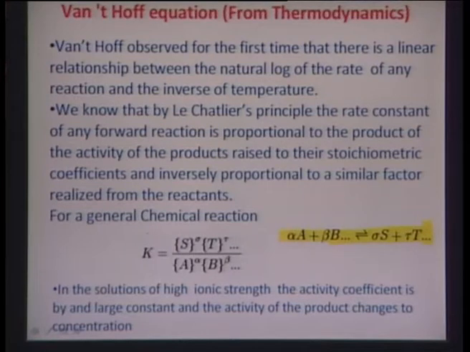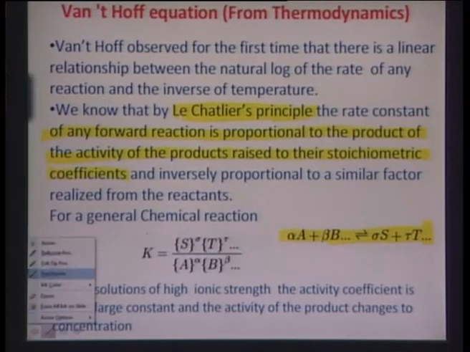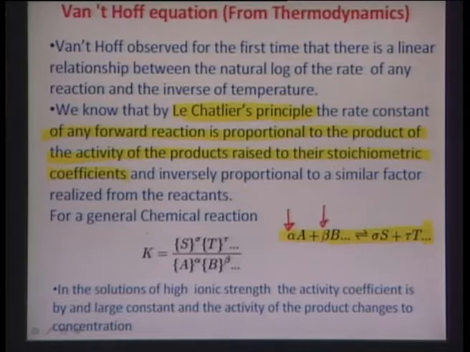So, by the Le Chatelier's principle, you can really find out the rate constant of any such reaction, okay. And what this principle says is that the rate constant of any forward reaction is proportional to the product of the activity of the products raised to their stoichiometric coefficients. The stoichiometric coefficients here being alpha, beta, so how many moles are participating, and sigma and tau, okay.